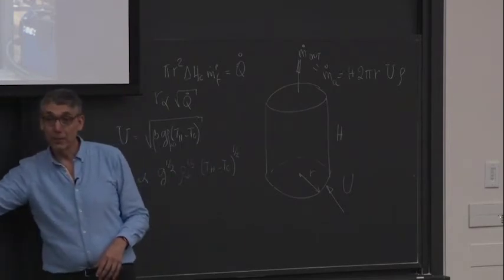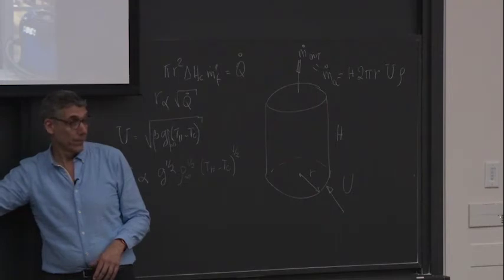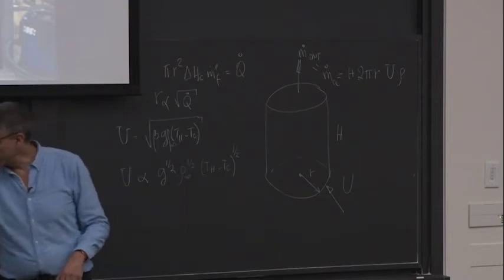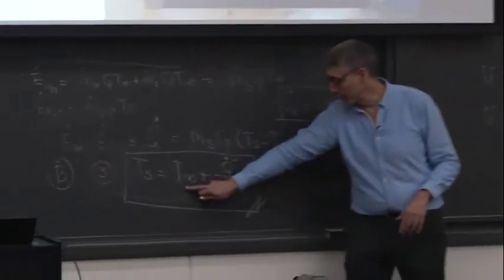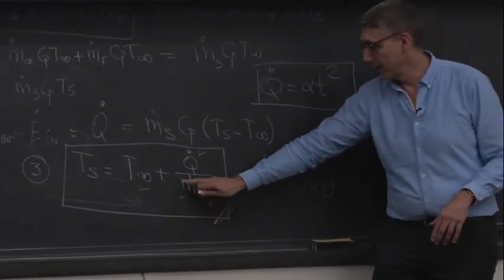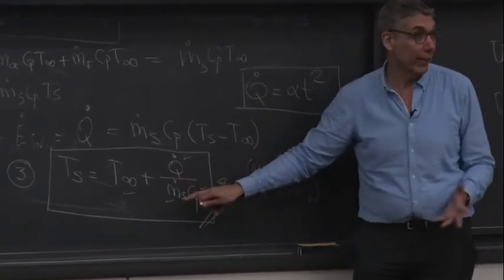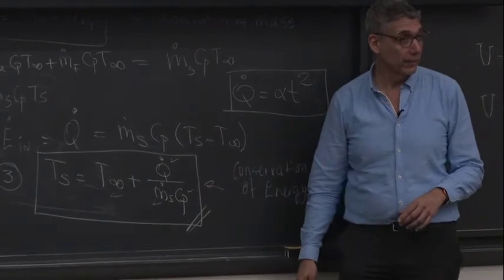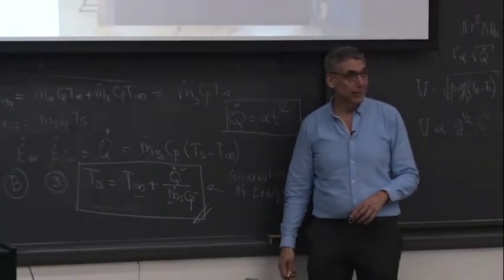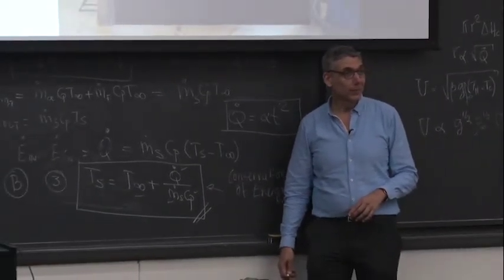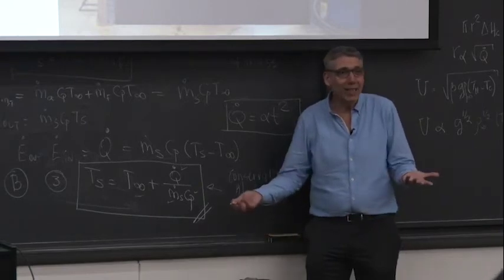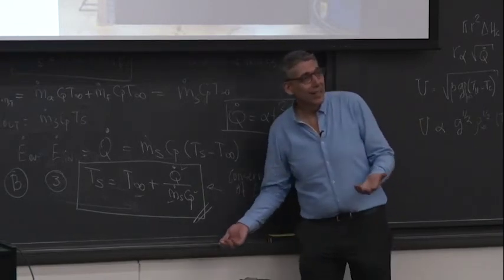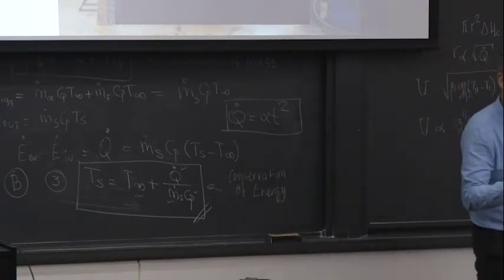Is that okay? If I subtract T hot minus T cold, I get Q over mA, which is the area, the value that I'm looking for, times the specific heat. Is that clear?